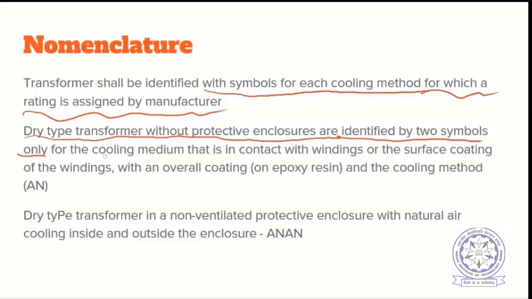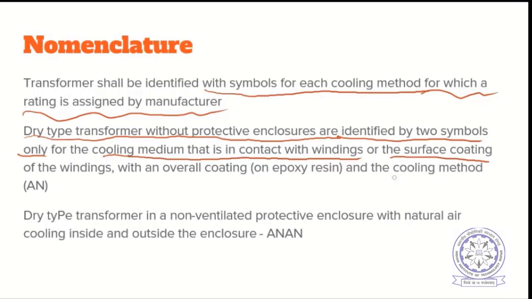The first is for the cooling medium that is in contact with the windings. Windings means the surface of the coating actually. There is some enamel or epoxy resin coating. So whatever is in touch with the overall coating, not actually the enamel, that cooling medium we consider.